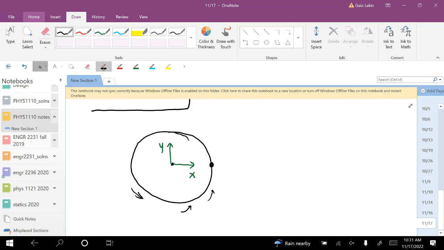Okay, so the centripetal acceleration points from the object toward the center. And the magnitude of that centripetal acceleration is the speed squared divided by the radius.